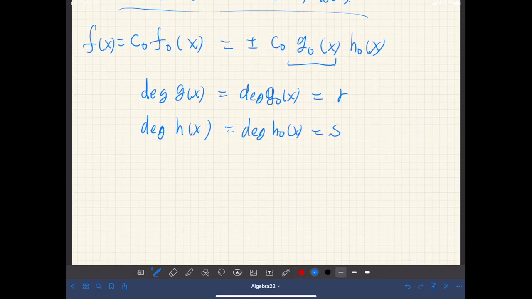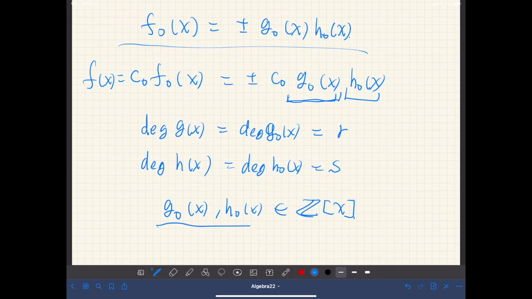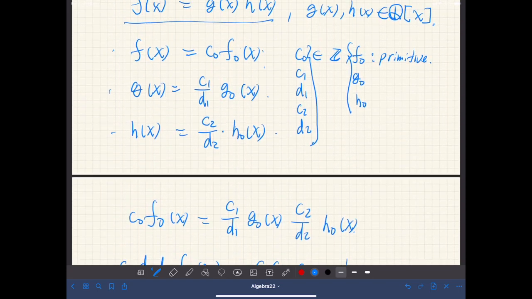And also the coefficients of g0 and h0 are all integers. So g0 of x and h0 of x belong to the polynomials with integer coefficients. So this is a contradiction. This shouldn't happen because of the assumption.